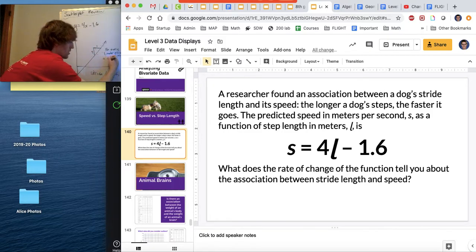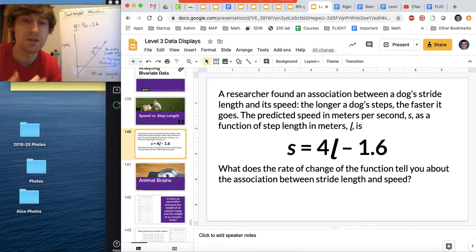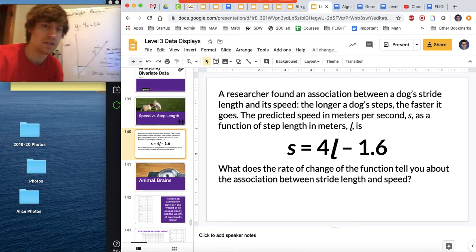A dog's speed increases by 4 meters per second. So that's what that slope would mean in this situation.